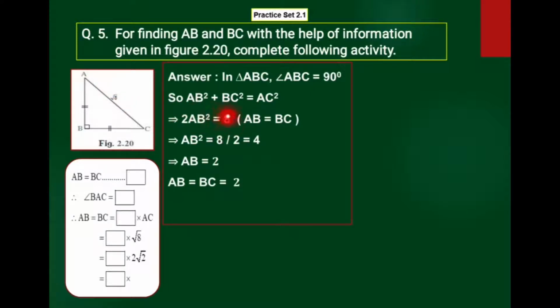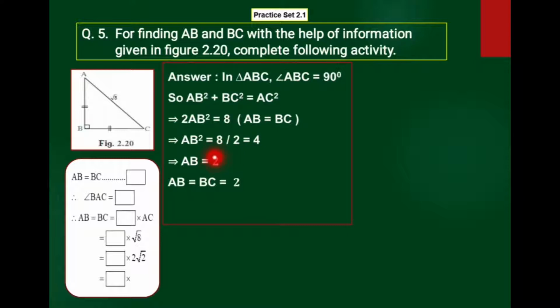We write AB square plus BC square equals AC square. Now AB equals BC is given, so we replace BC by AB and get twice AB square. The value of AC is given as root 8, so the square and square root cancel, and AC square is 8.